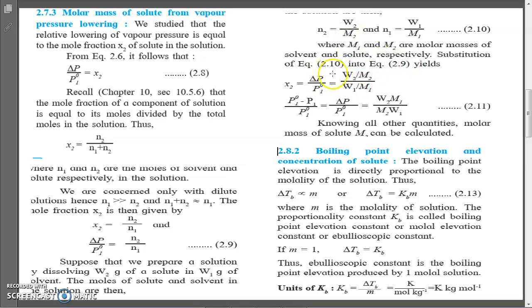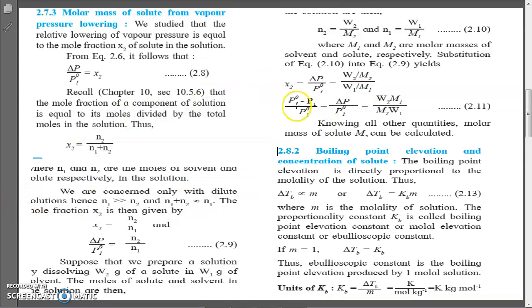Comparing equation 2.10 and 2.9, we get that X2 is equal to ΔP divided by P₁⁰, which is nothing but N2 divided by N1, that is W2 divided by M2 over W1 divided by M1.